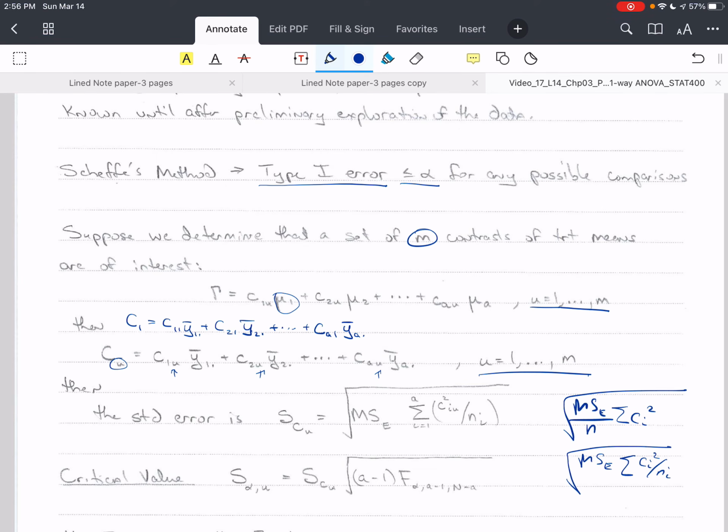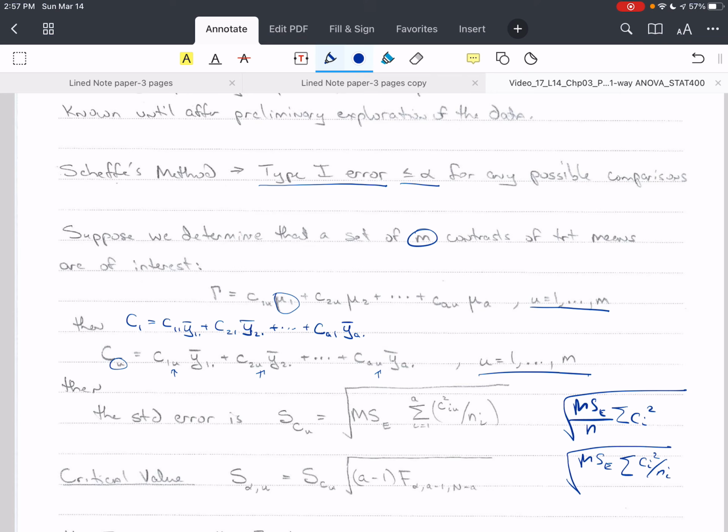This is a more general form, so we can simplify it if all the n_i's are equal, then the n just pops out over here, okay? Sometimes we write the more general form, which is a little messier, but it applies to all situations. So that would be the standard error.